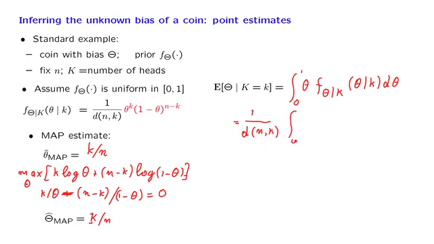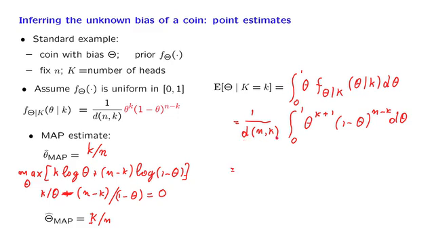And inside the integral, we are left with this term times theta, which changes the exponent of theta to k plus 1. Then we have 1 minus theta to the power n minus k d theta. At this point, we need to do some calculations.